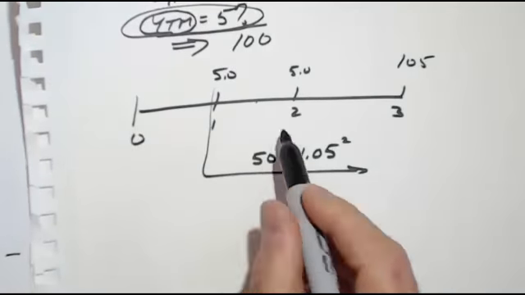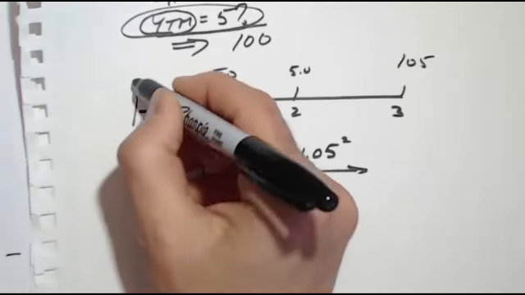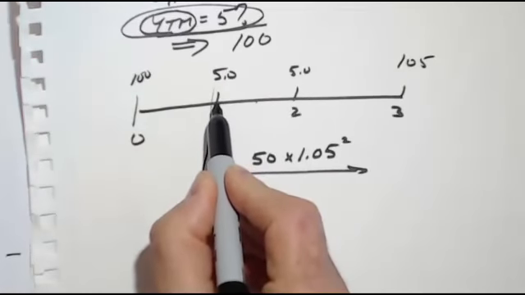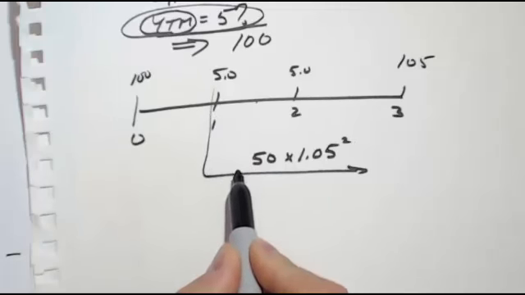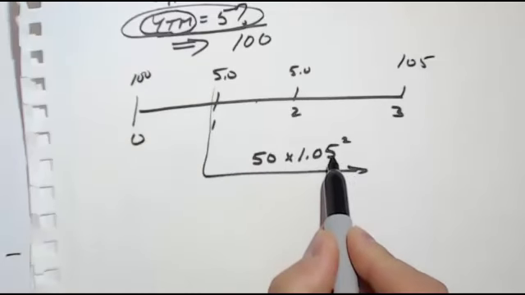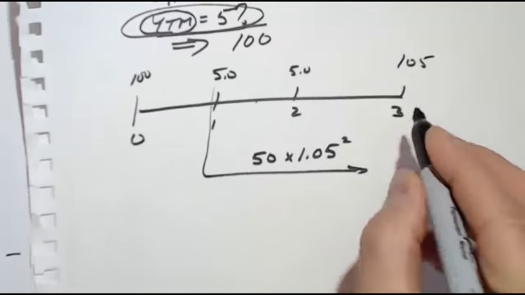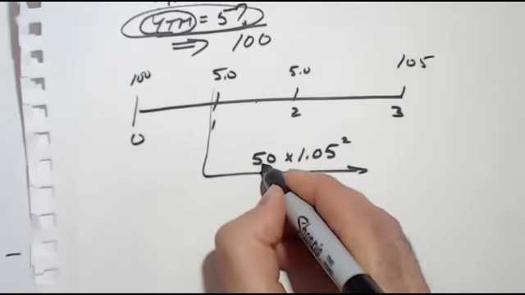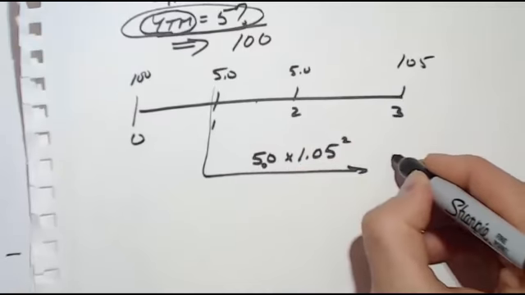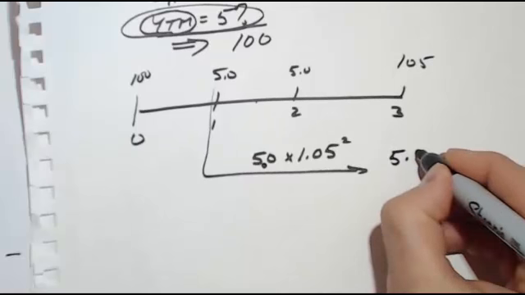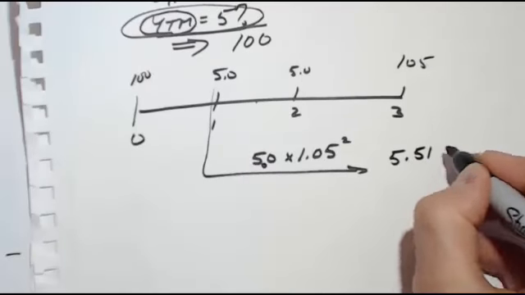So the future value: you buy the bond right here. It costs $100. You get $5 in cash flow right at this point. If you can reinvest this at 5% for 2 years, it will be worth $5.51.